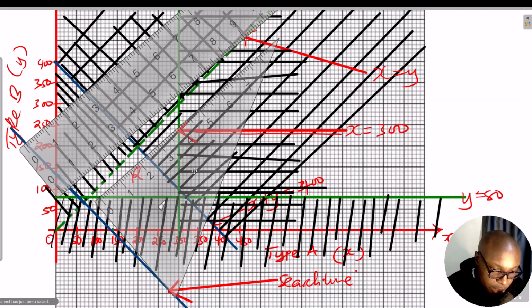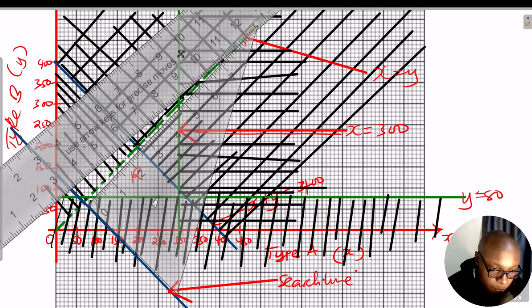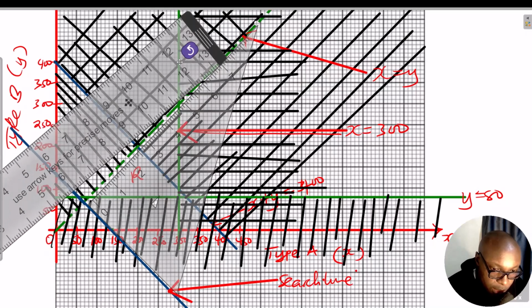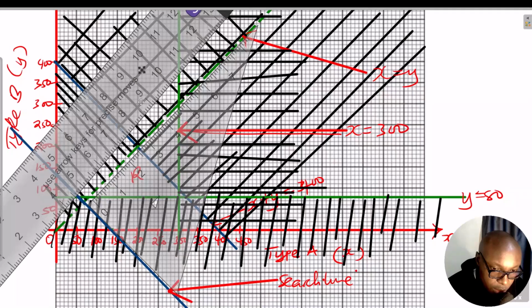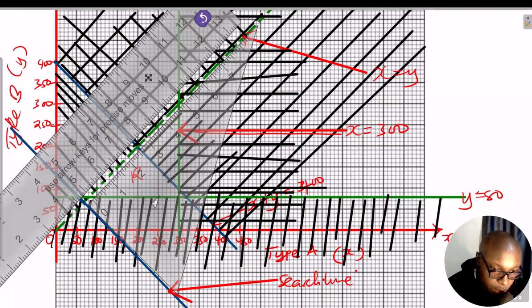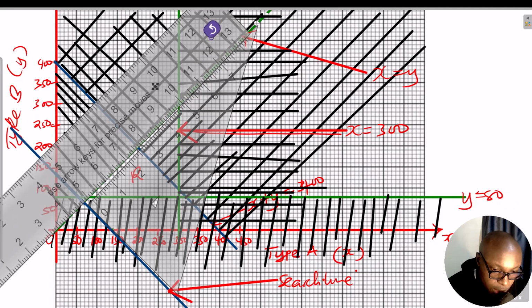Make sure that the set square is aligned in such a way that it lies on that straight search line, like that. And then the ruler, you should place it like this.